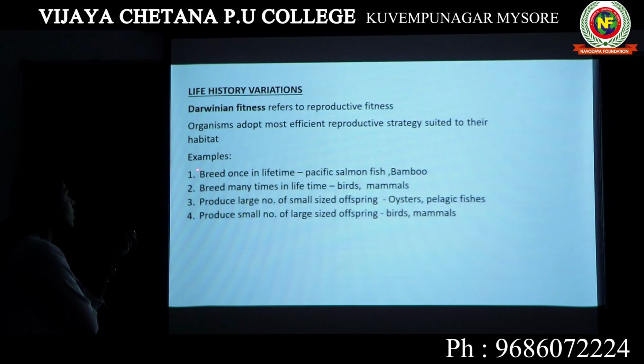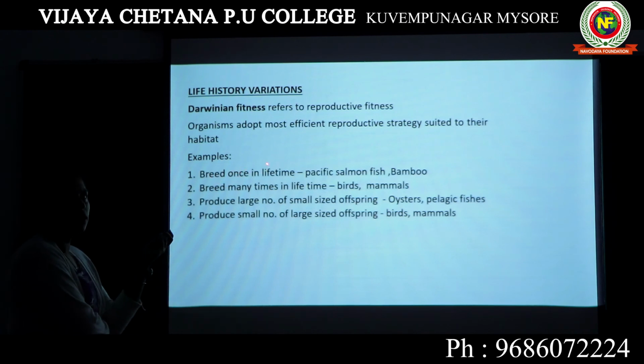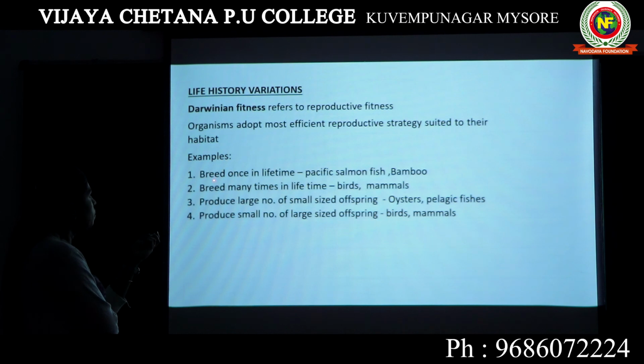Examples: there are animals who will breed once in a lifetime. Breed means mating, that means sexual reproduction and production of offspring. Only a few organisms breed once in a lifetime.